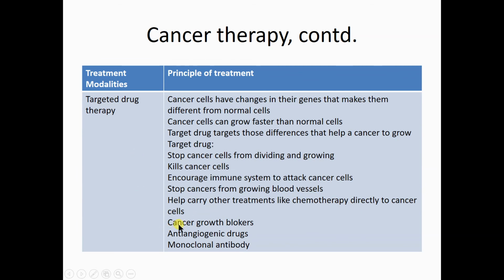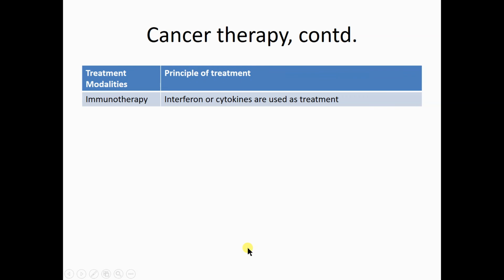Which drug therapies, like cancer growth blockers, are used? Certain anti-angiogenic drugs stop the cancer from growing blood vessels, and there are monoclonal antibodies. Monoclonal antibodies come under immunotherapy, in which we produce certain antibodies against the particular type of protein which is synthesized in large amounts by that cancer cell, and we introduce them into the particular cancerous tissue.